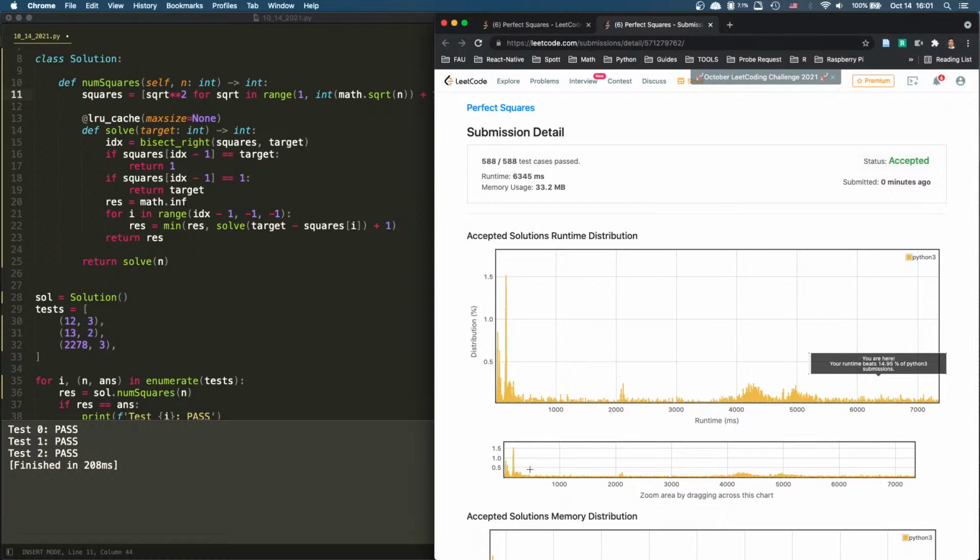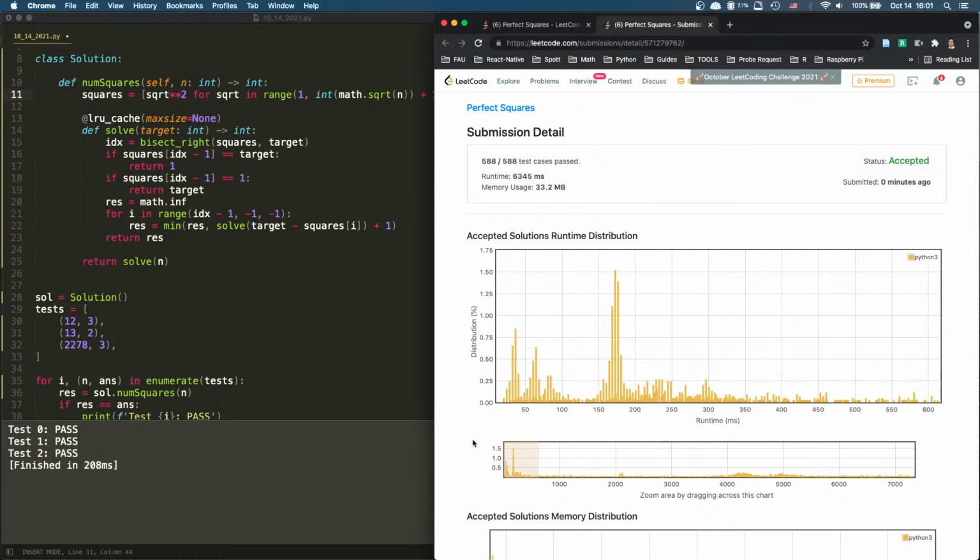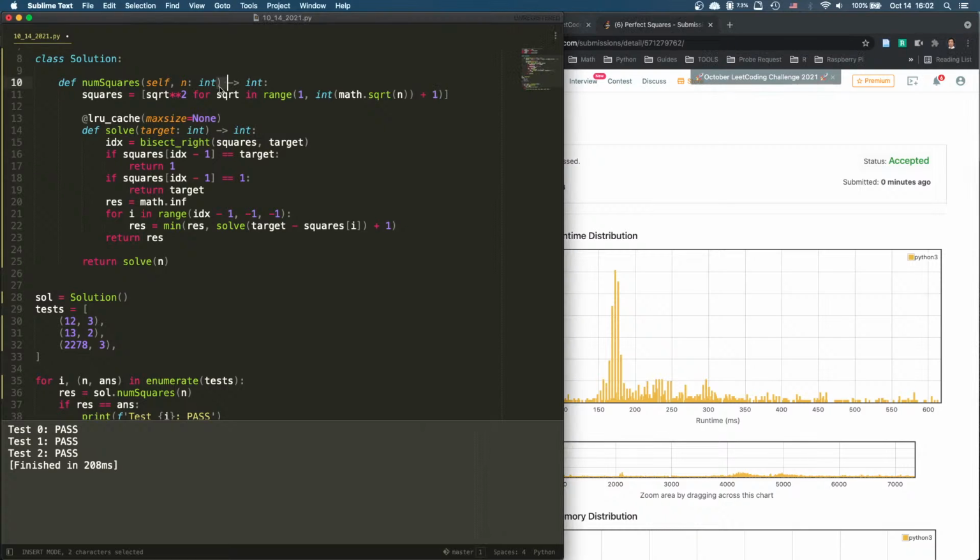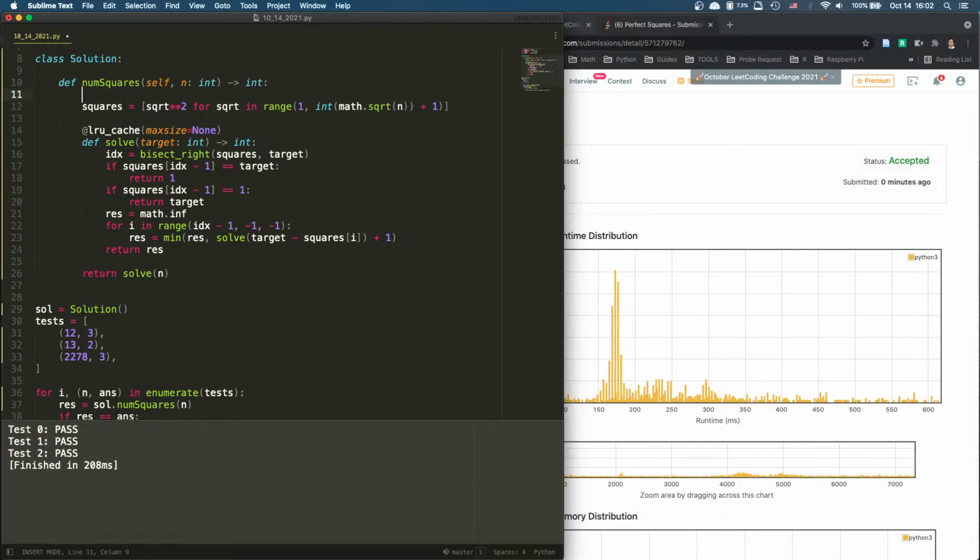Holy guacamole. We're all the way down here. Good solutions are, what? 50, 40, 20, 20. Oh my god, 20 milliseconds. Mine is 6,345 milliseconds. Wow, it's the best description of my name, right?